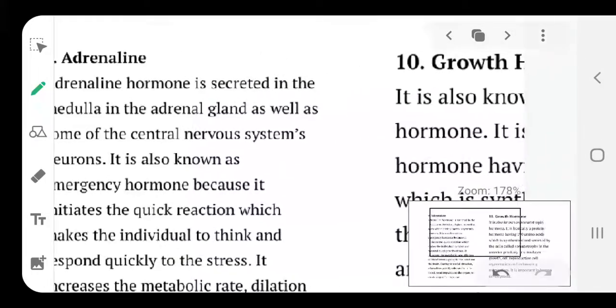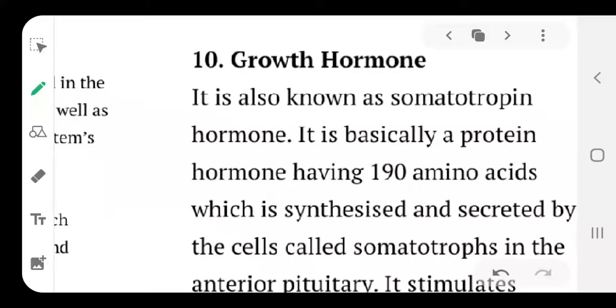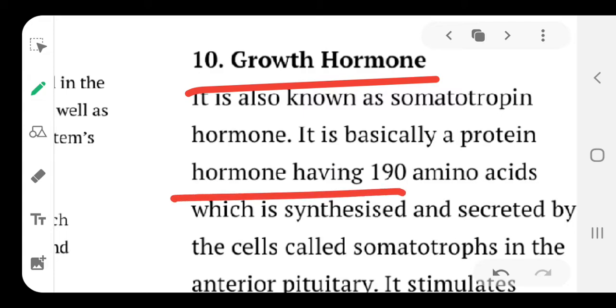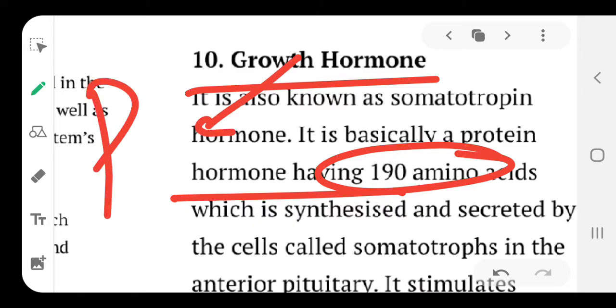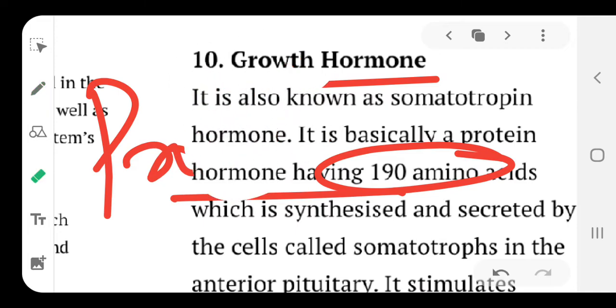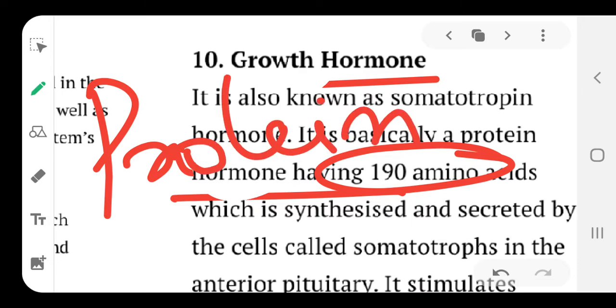Then we have the hormone called growth hormone, which we all are familiar with. This hormone is made of 190 amino acids, that is a type of protein, or these are protein molecules. Basically, we also call it a protein hormone. So write it down. One mark question sometimes we ask you, name the protein hormone. Growth hormone is also referred to as protein hormone.